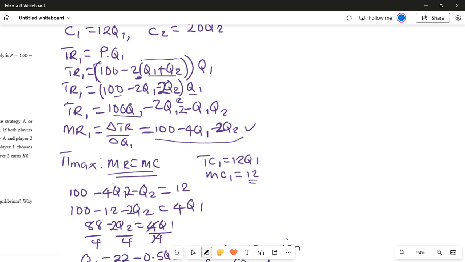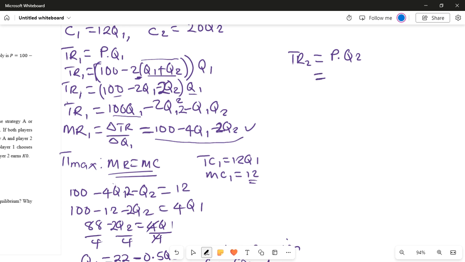We're going to do the same steps, no difference. We start with total revenue for firm 2, so that we can do the derivatives, get the marginal revenue, and then equate that to marginal cost. It's price multiplied by the quantity produced by firm 2. This time around I'll be a bit fast, because the target was to make this video a 30 minute video.